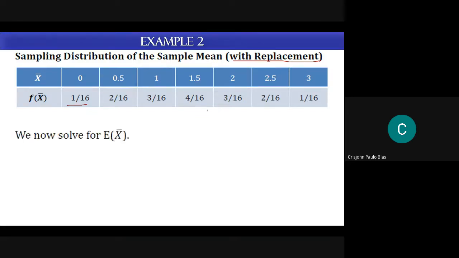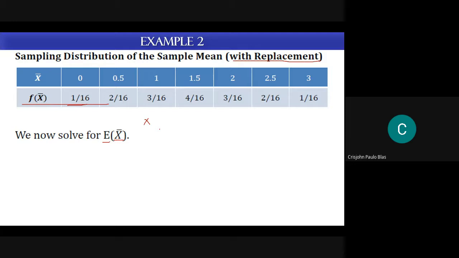Siyempre, we're going to solve for the E of X bar, the expected value. Pwede natin gawin ulit yung table natin. Gawin natin until variance, para pahirapan ko kayo. After looking for the sampling distribution of the sample mean, or the probability mass function of the sample mean, lagay natin yung tinuro ko.